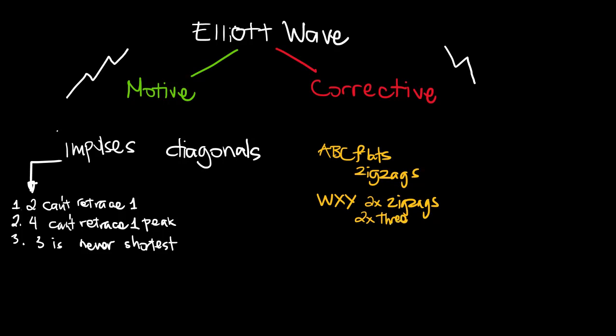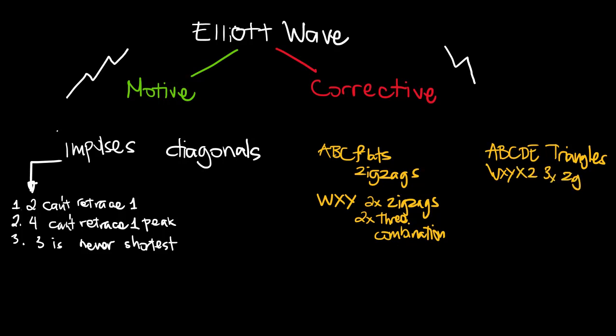While five-wave corrections take form in either A, B, C, D, and E triangles, and WXY, XZ triple zigzags, and triple three combinations.